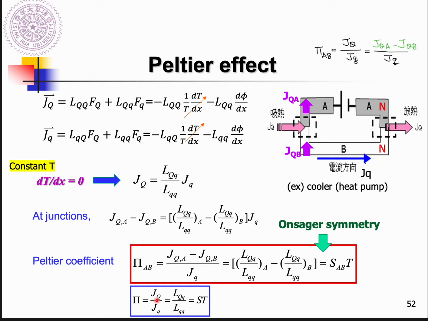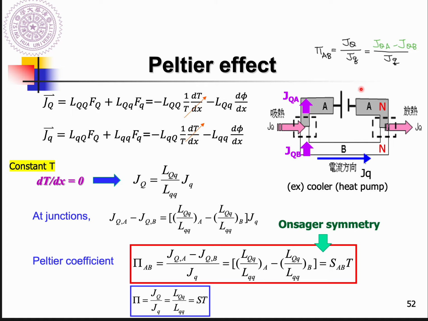Okay? And the second question some people ask me, which I need to emphasize, is about this cooler. For the Peltier coefficient of this AB cooler, based on this equation, do you have any idea how to increase the efficiency of this cooler?